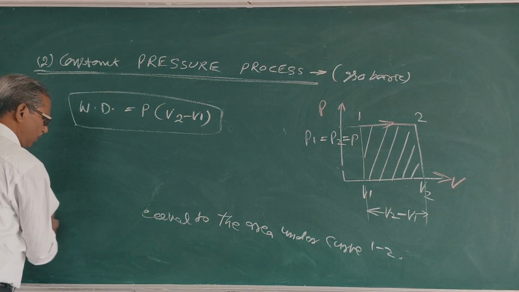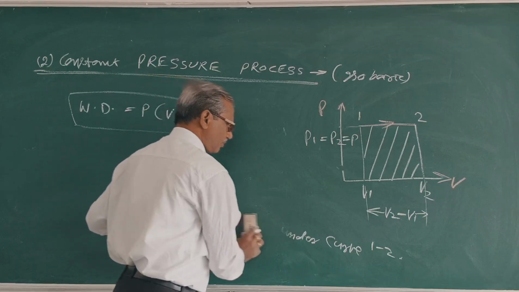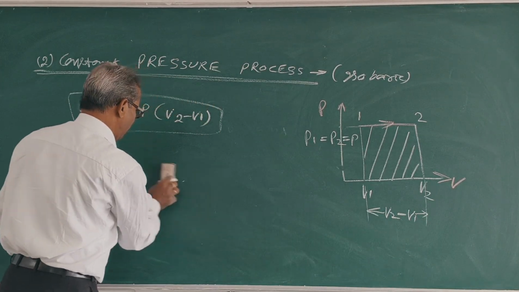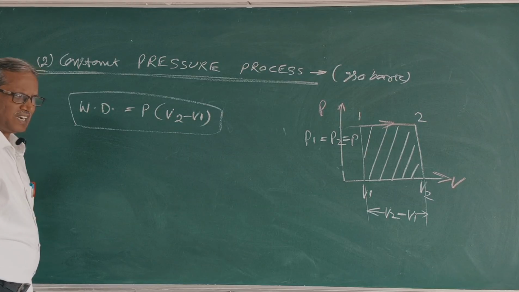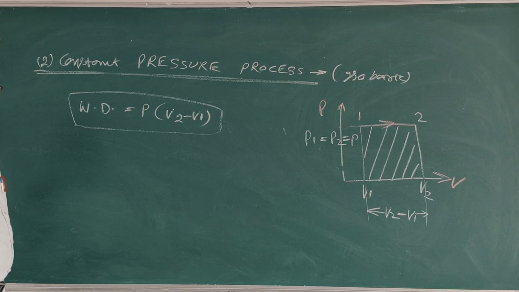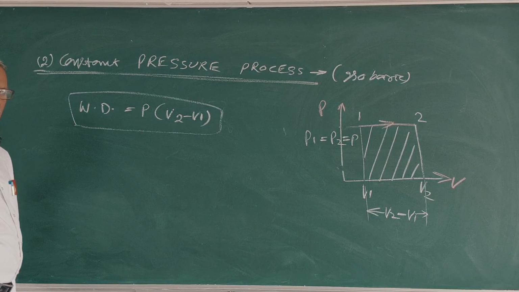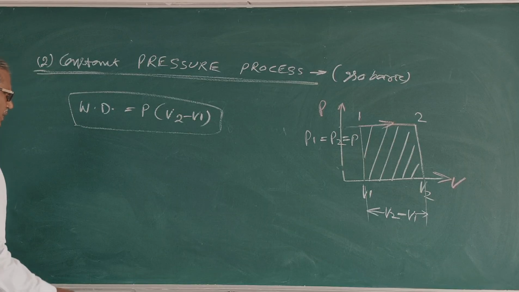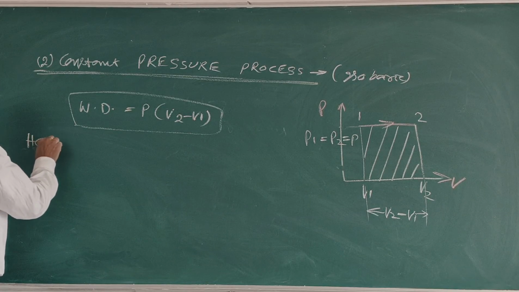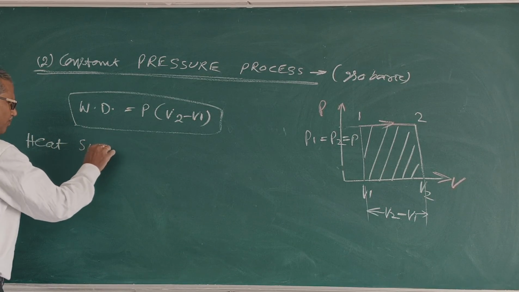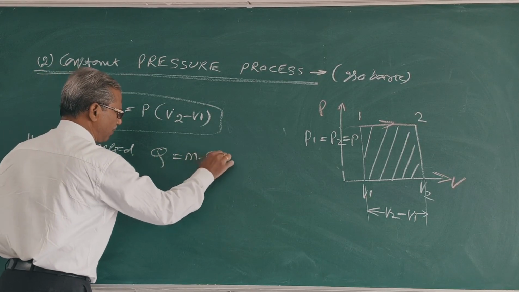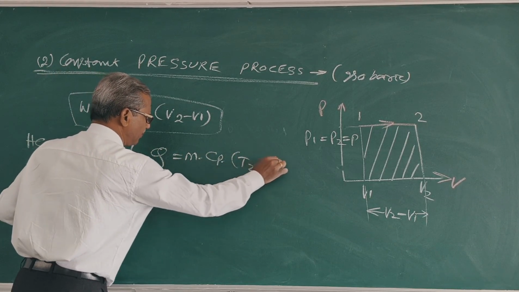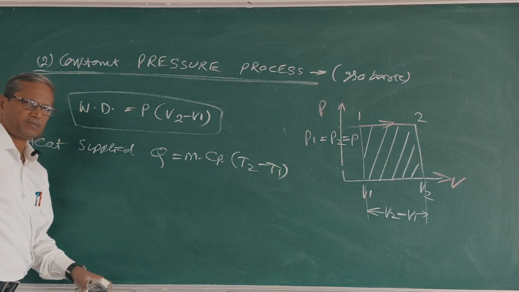Now, I have already told in the definition, when the gas is heated at a constant pressure, what is heat supplied? m Cp (T2 minus T1). Clear? Heat supplied, Q is equal to m Cp (T2 minus T1).